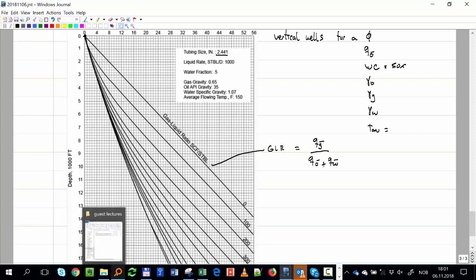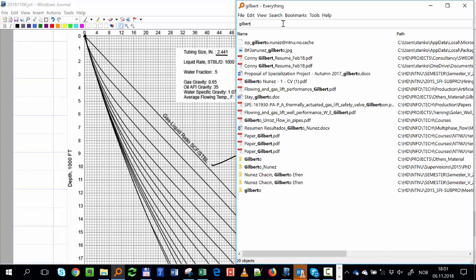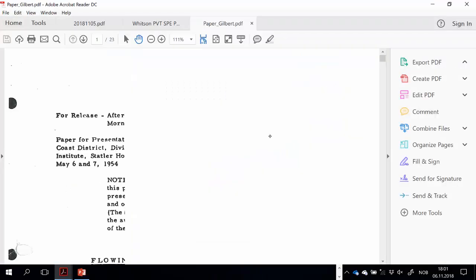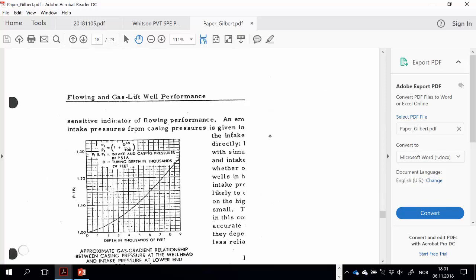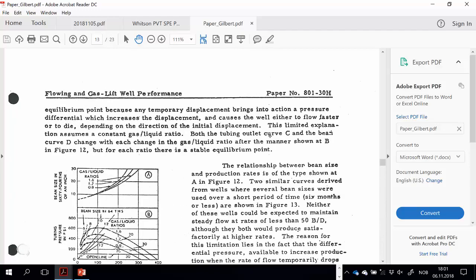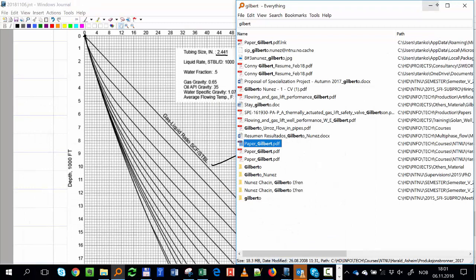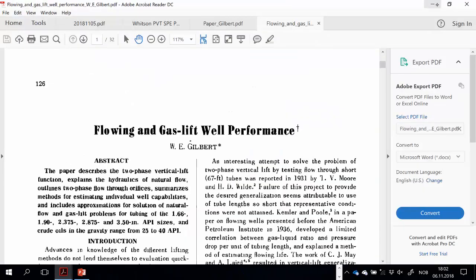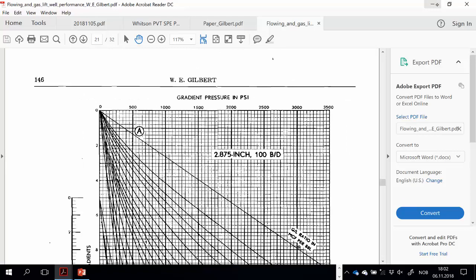If we go to the original paper of Gilbert, let's see, I think I have it. Let me see what he has here.